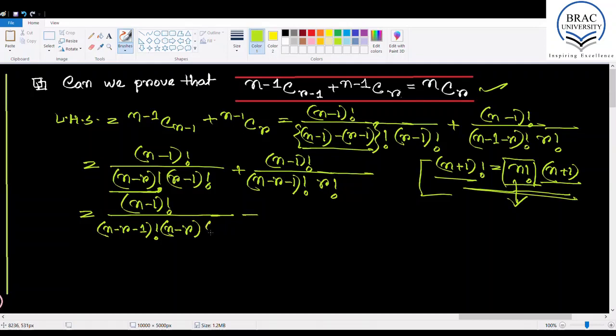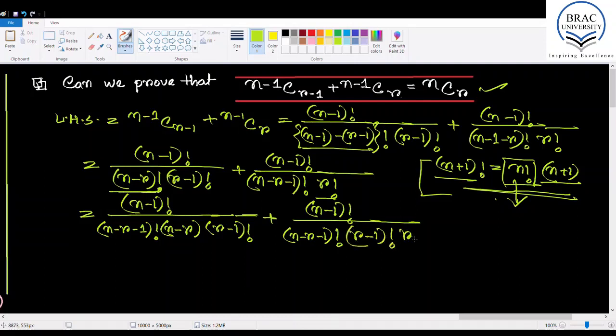And here (r minus 1) factorial will remain the same. (n minus 1) factorial is like this, and (n minus r minus 1) factorial remains the same. And can we write r factorial using this? Yes, we can write it like this: (r minus 1) factorial into r. Remember this identity, we have used this identity here and here, in this case and this case.